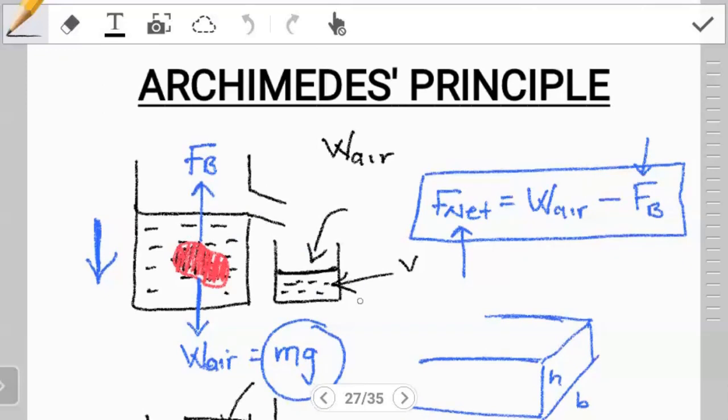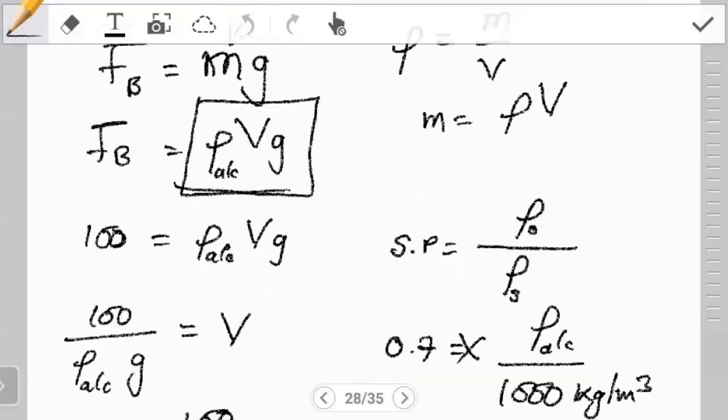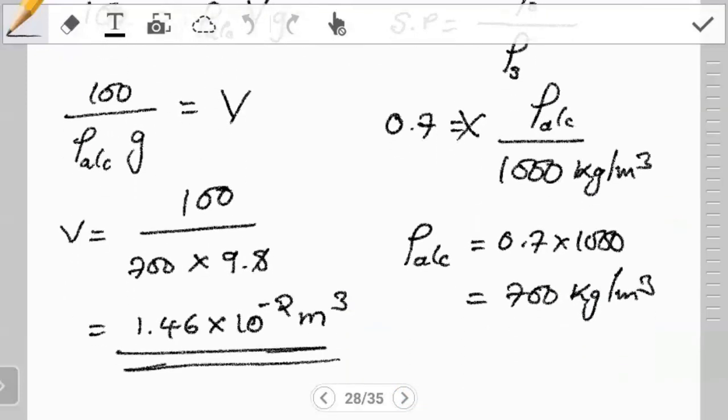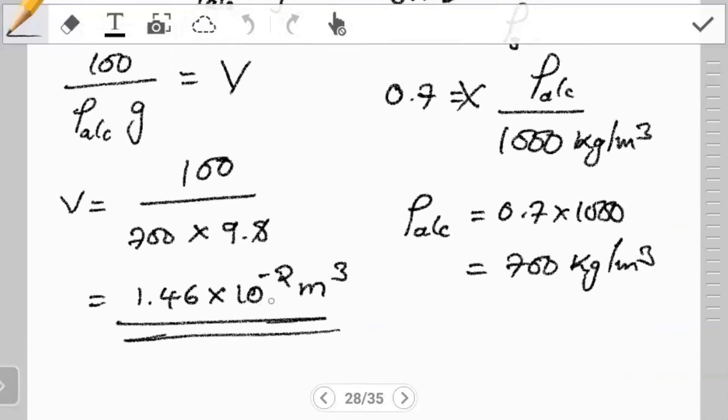So in our calculation, the volume we found was of the displaced alcohol. This same volume will be equivalent to the volume of the immersed object. Now, what is remaining is to find the density of this particular object.